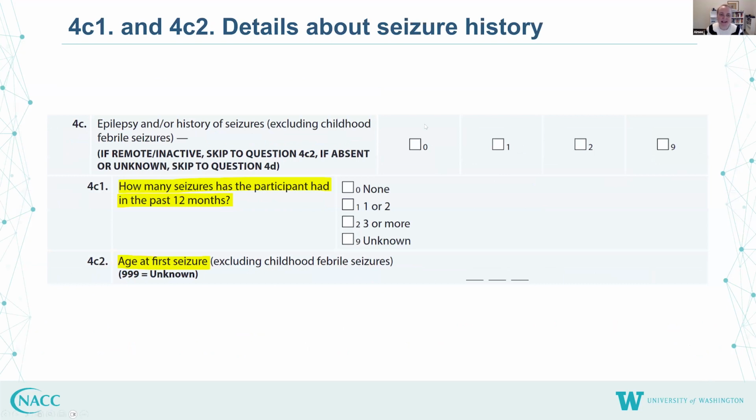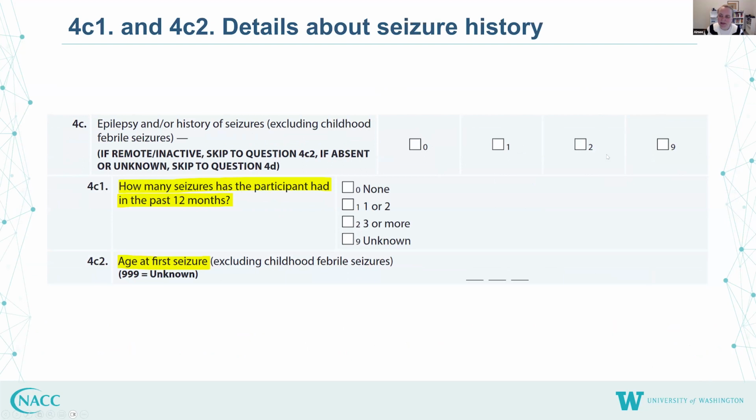There were some more details added to questions about seizure history. The initial question is about epilepsy and/or history of seizures, excluding childhood febrile seizures, whether they're absent, recent active, remote inactive, or unknown.